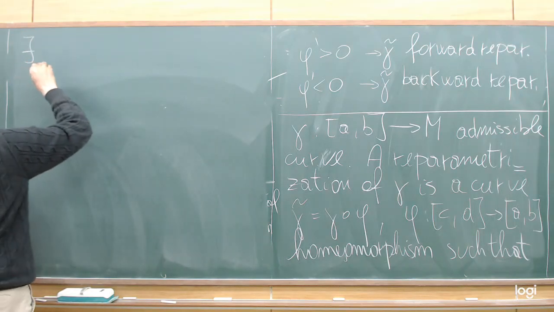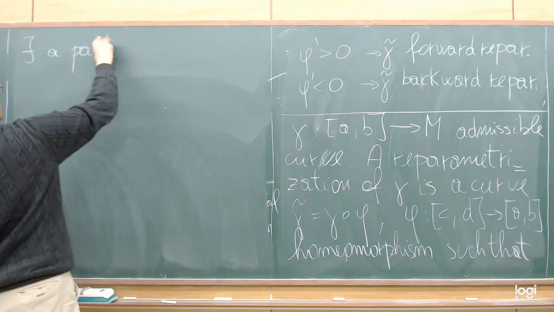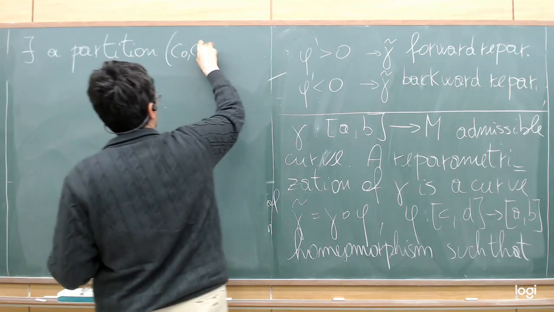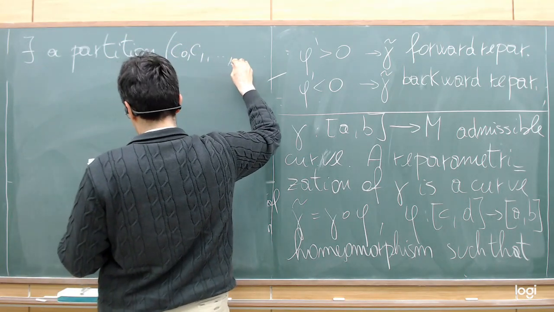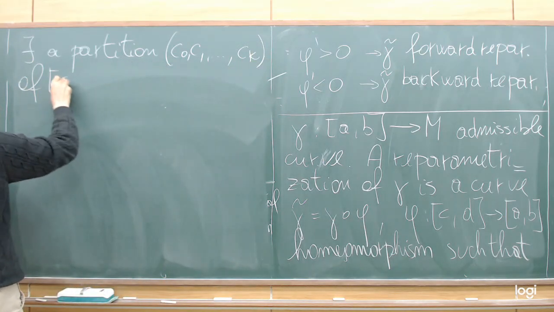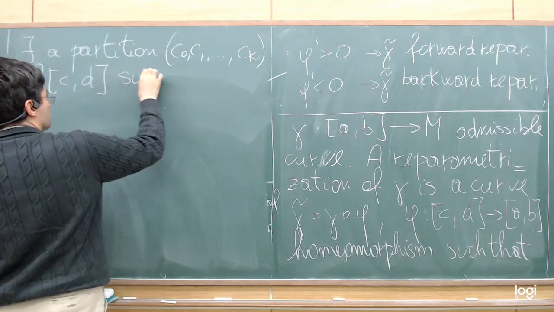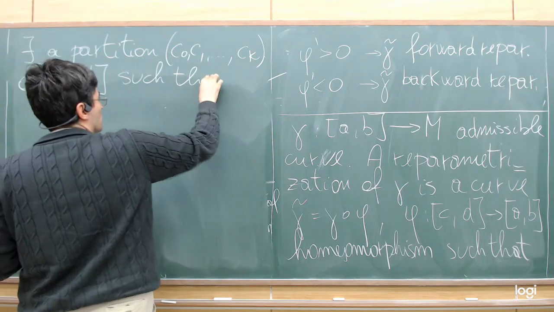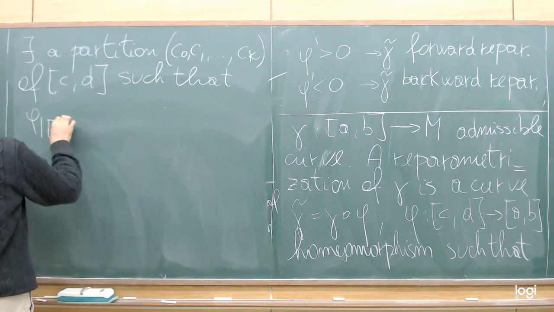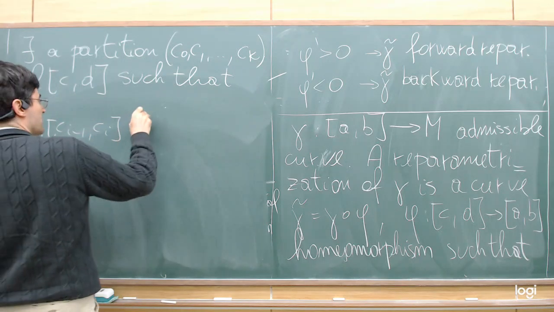There exists a partition c_0, c_1, ..., c_k of the interval [c,d] such that phi restricted to [c_{i-1}, c_i] is a diffeomorphism.